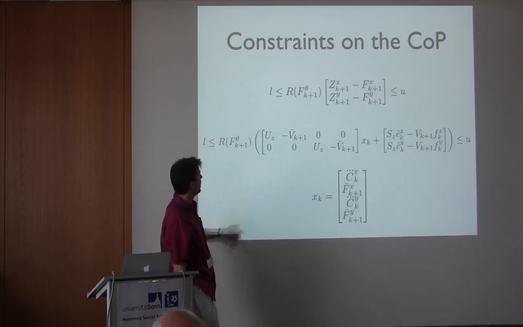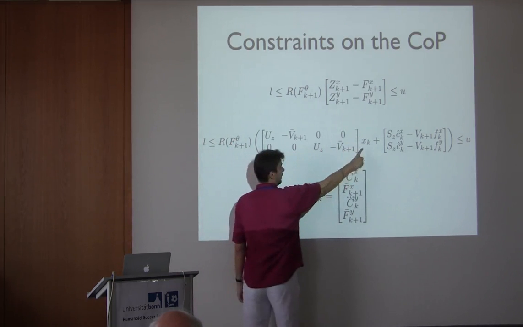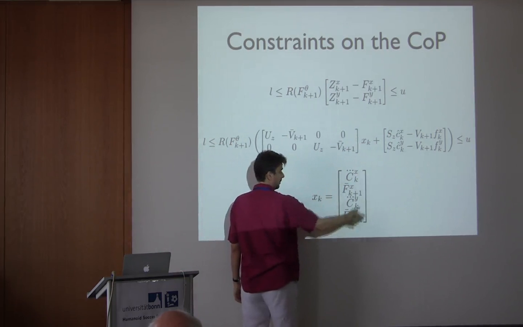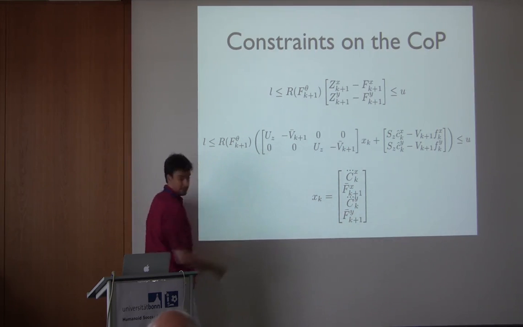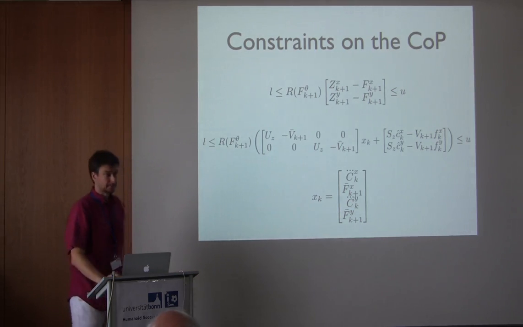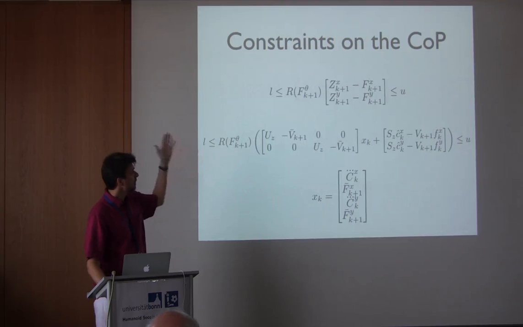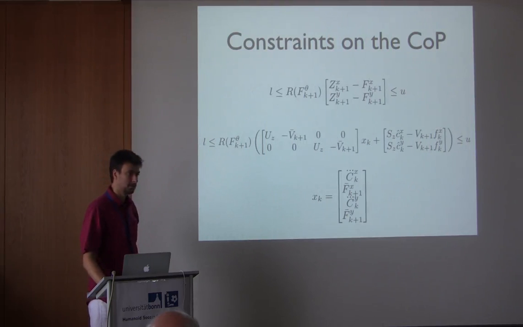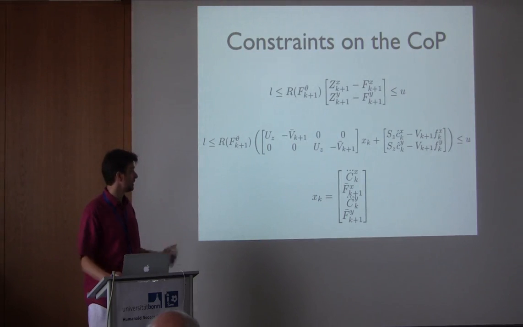And once again, these are linear functions of the working variable that you want to find, so you can write them as a linear equation. Okay? So what we want to do is minimize this quadratic function with these linear constraints. And that's what we call a quadratic program. So then we want to solve this quadratic program.